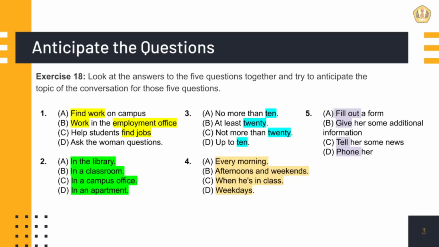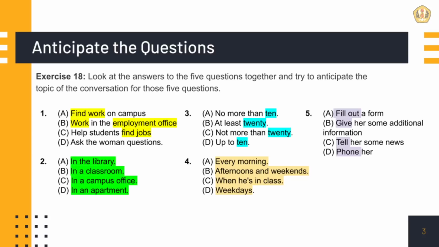So based on the conversation, now we know that the man wants to find work on campus. As I mentioned earlier, number one is probably going to be about the thing that one of the speakers wants to do, because all of the options here are verb phrases.